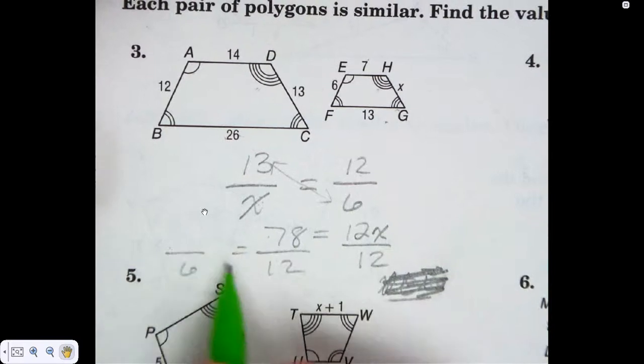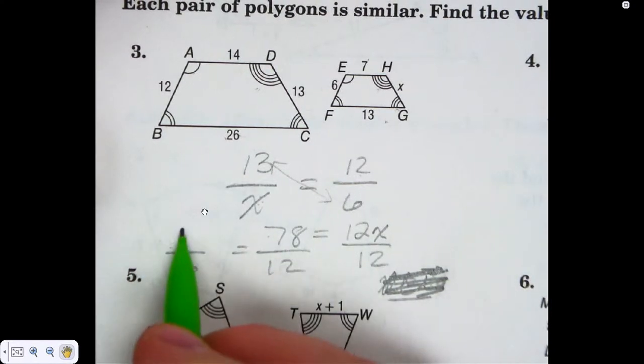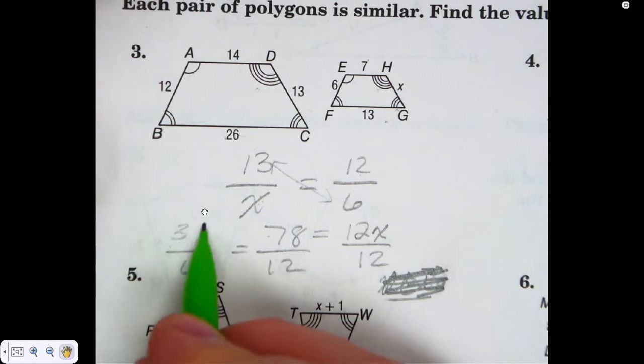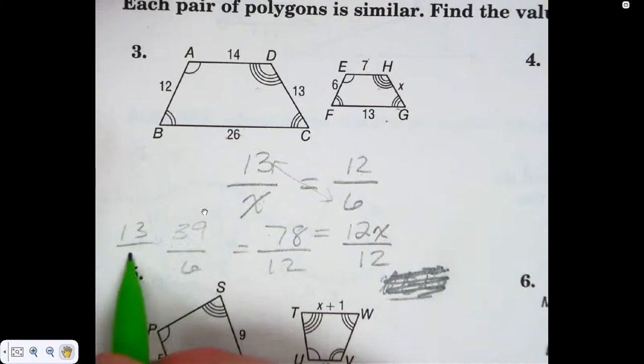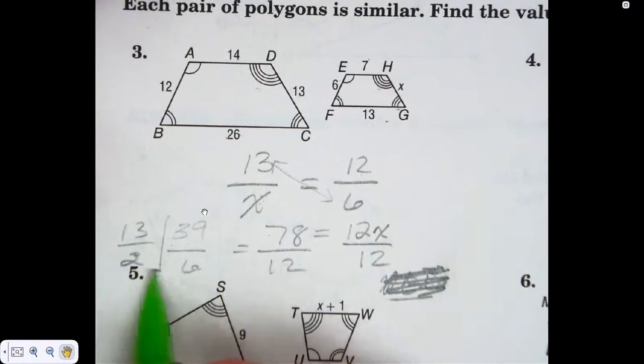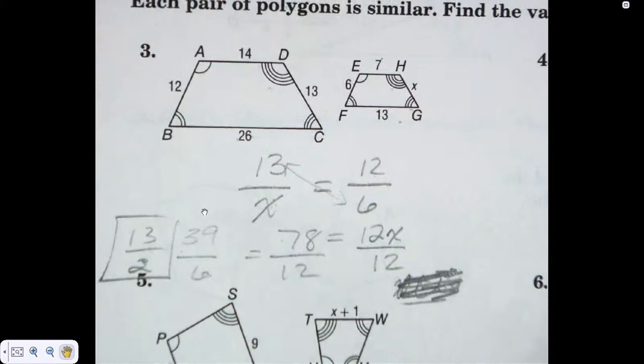If you just want to cut it in half, that's what? 39. 3 goes into that 13, 3 goes into that, what? Twice. So 13 over what? Which is 6.5. That's your answer.